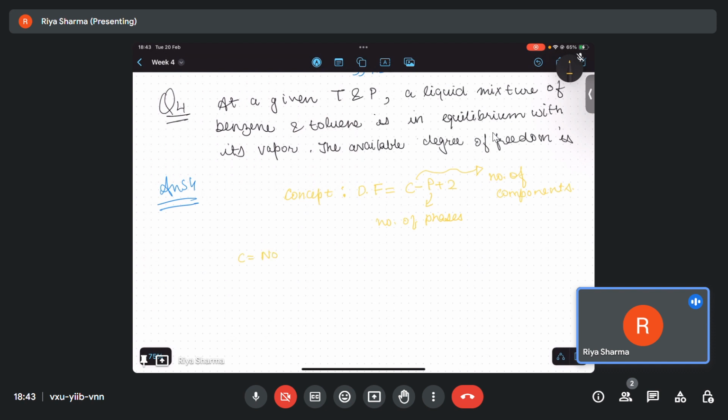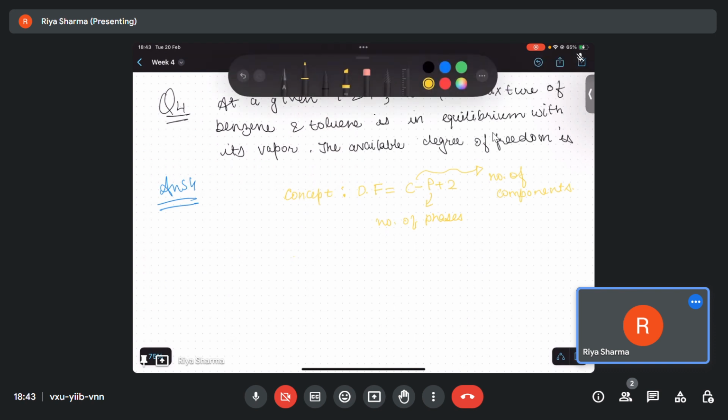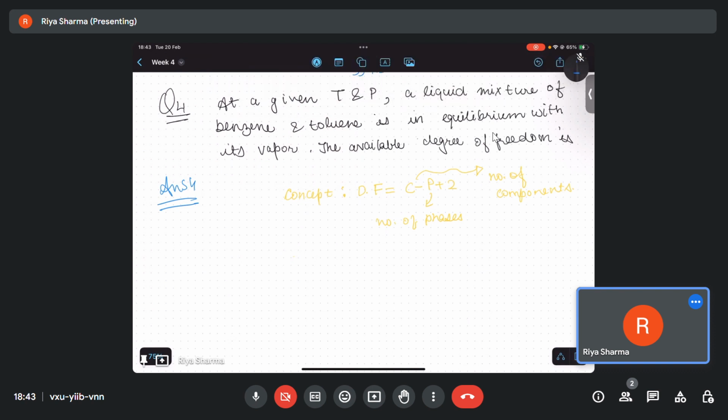C equals 2, this is benzene and toluene.